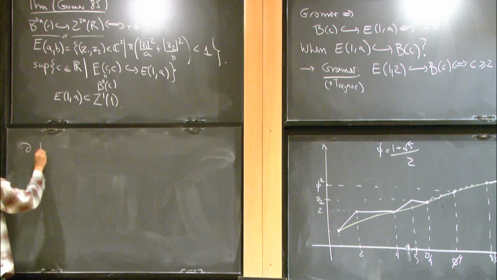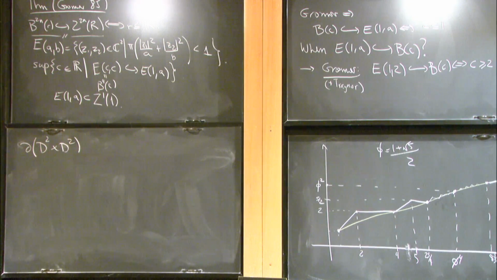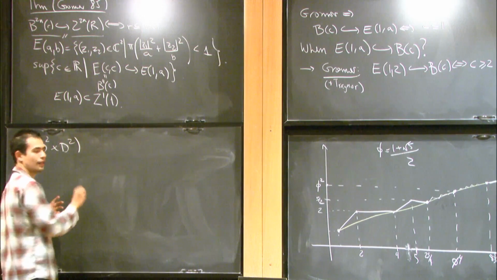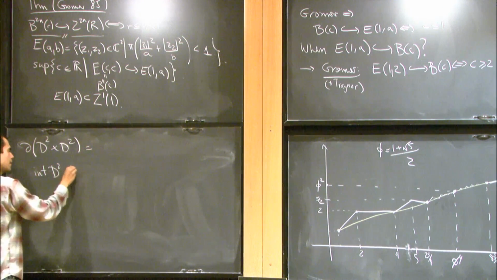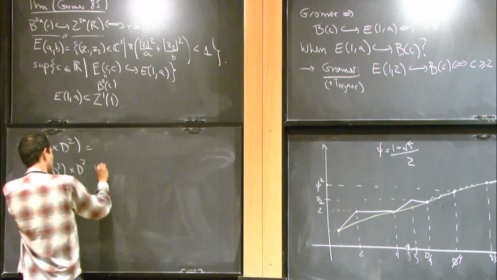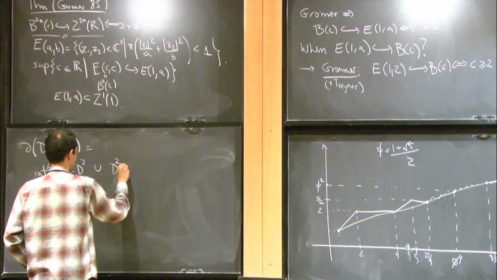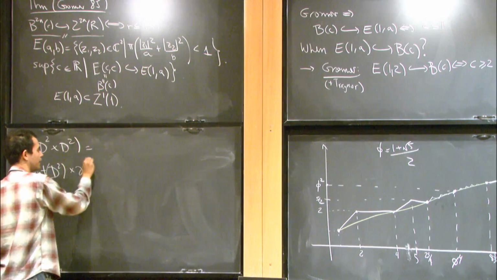So the boundary of the bidisk is given by basically three pieces. You have the interior of the first one times the boundary of the second one.